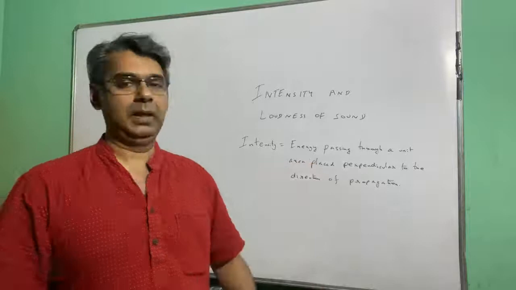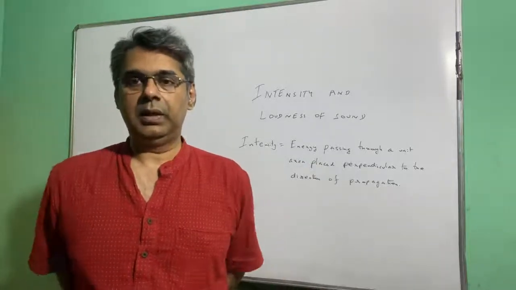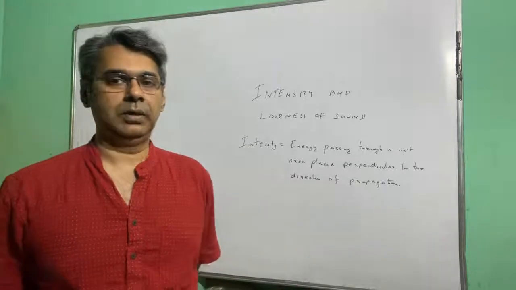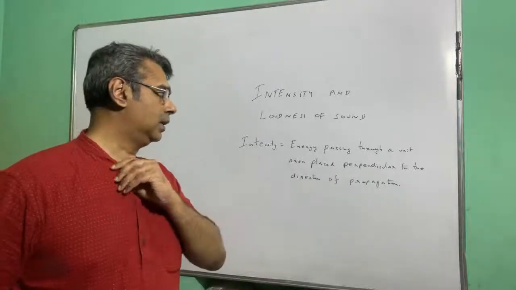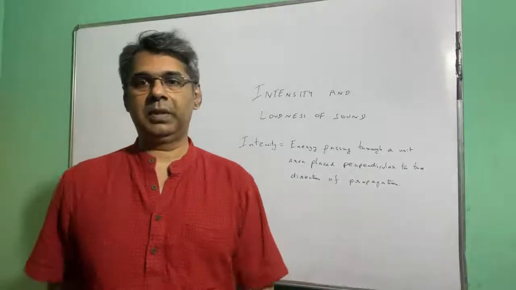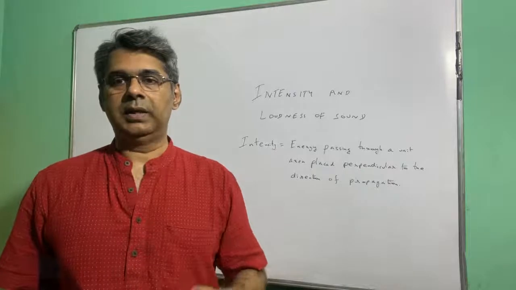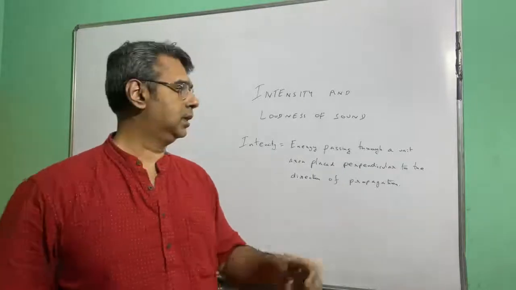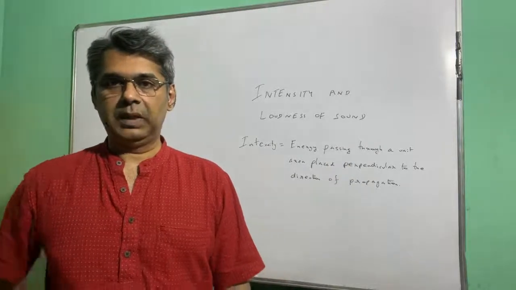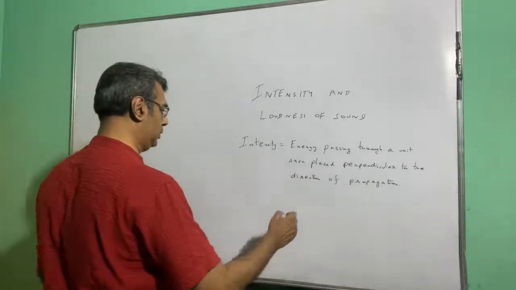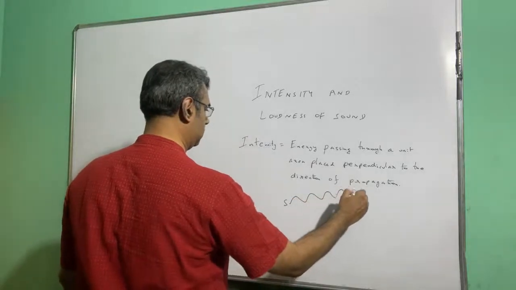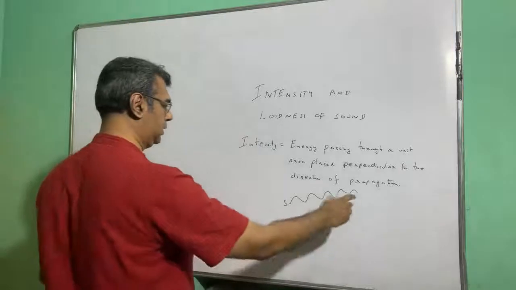Then if you imagine a unit area, depending on what system you are using, if it is SI then 1 meter by 1 meter, placed perpendicular to the direction of propagation, then the energy passing through that unit area is called intensity, right? Suppose there is a source of sound, and sound energy is propagating like this.